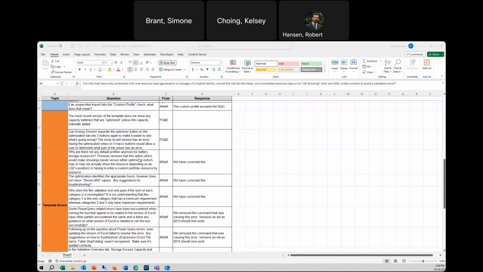And then the flex validation tool was accounting for the categories as 3 separate requirements rather than as a nested requirement with minimums and maximums. So this should all be corrected in the new version.